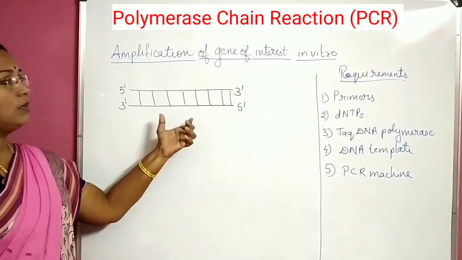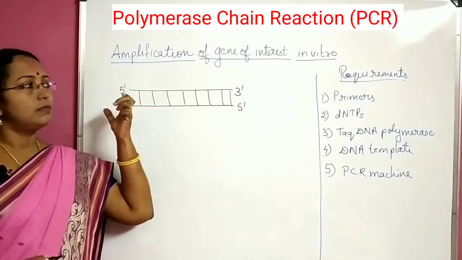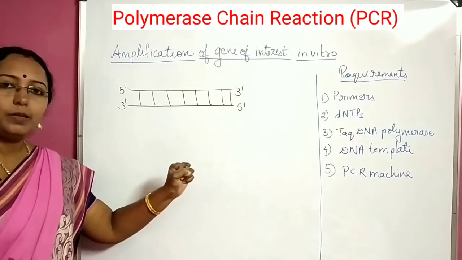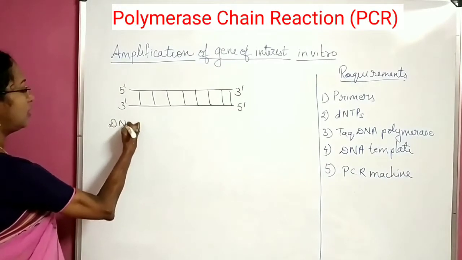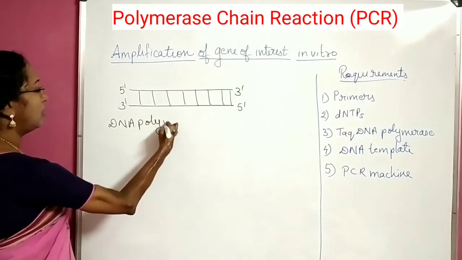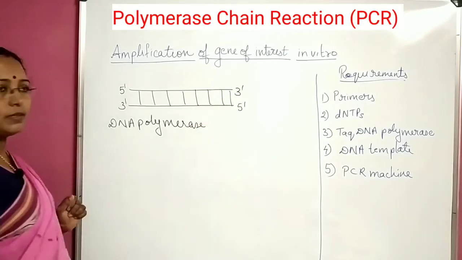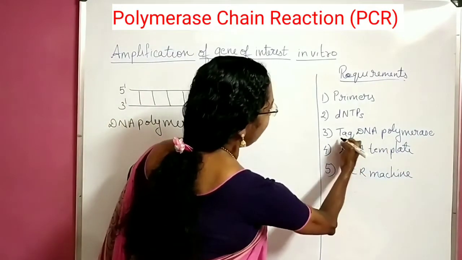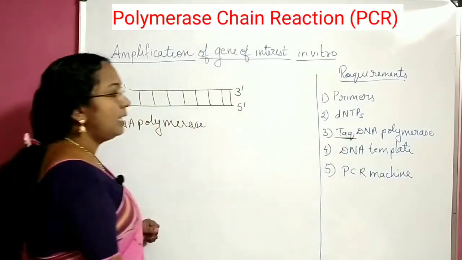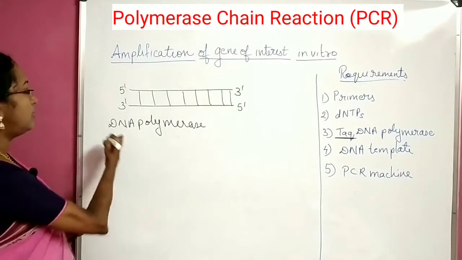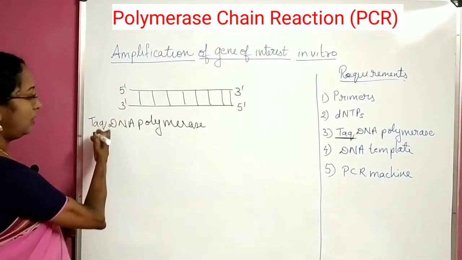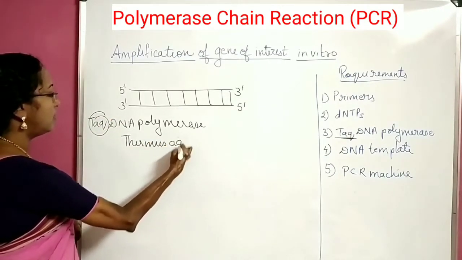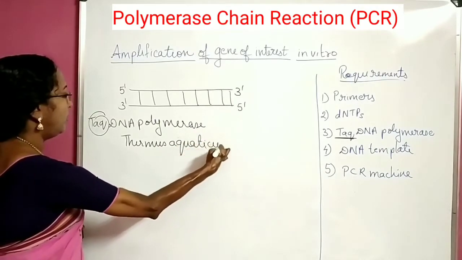Okay, you know, when replication takes place, the enzyme that is required for DNA replication is DNA polymerase. But here for PCR, instead of normal DNA polymerase, we use a DNA polymerase called Taq DNA polymerase. Taq, T-A-Q, stands for Thermus aquaticus.